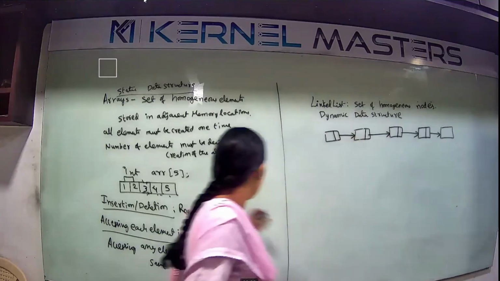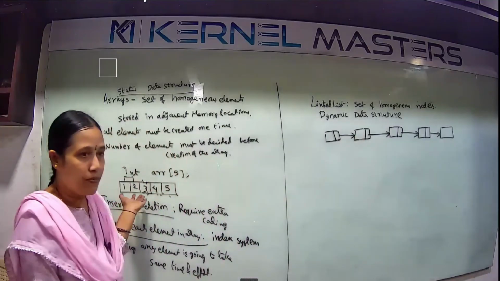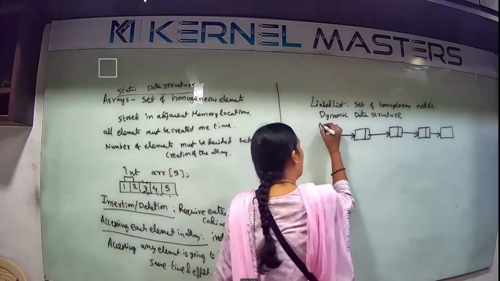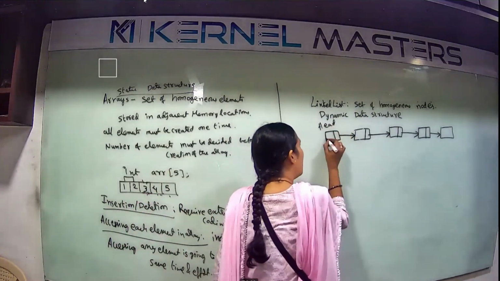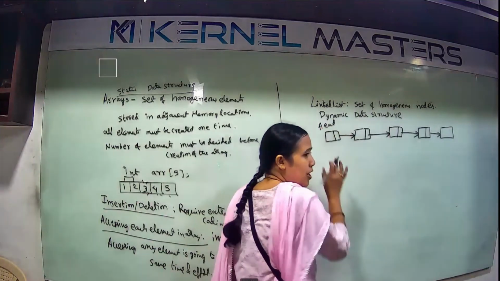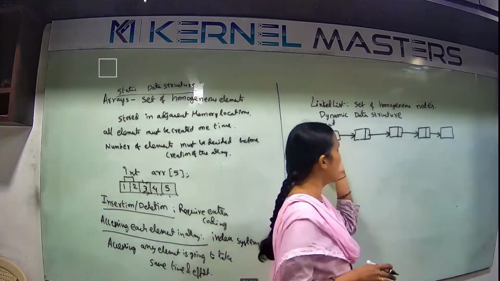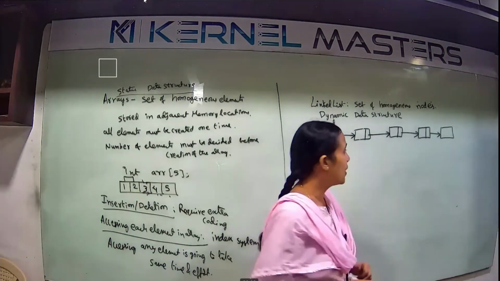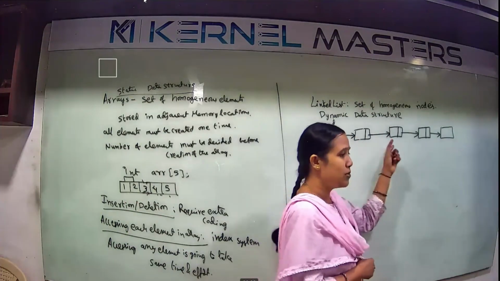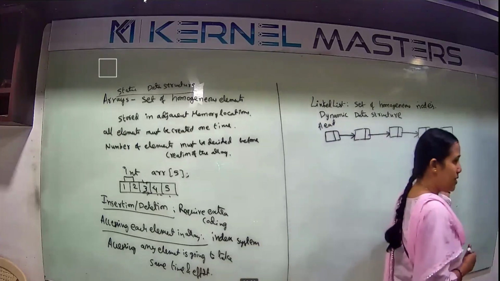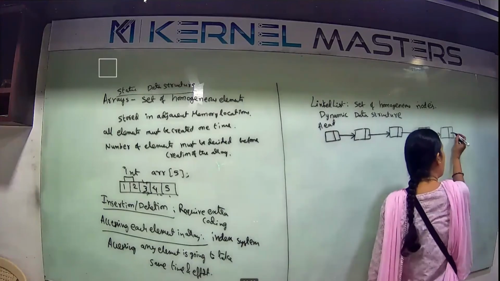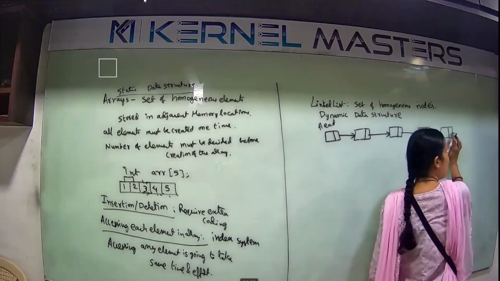In an array, we always remember the base address. Here also you need to remember the head address. So this is your head node, and its address you have to always keep handy. You should never lose that address. If you lose the head node address, you lose the entire list. Every node is going to remember the next node's address, whereas the last node will also have the same part.